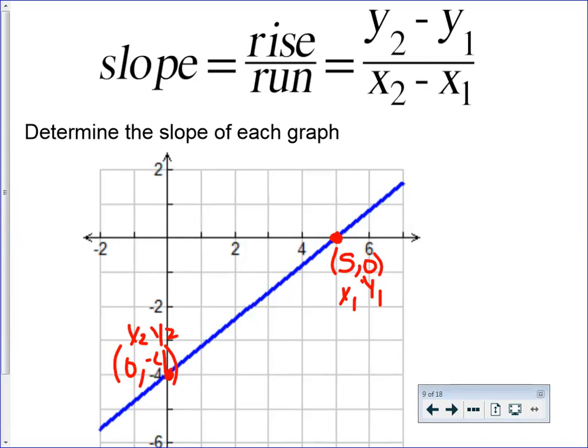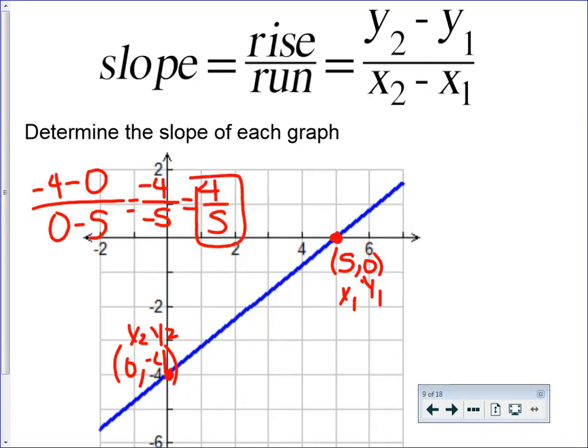So my y2 is -4 minus my y1, which is 0, over x2, which is 0, minus my x1, which is 5. And then I'm just going to subtract. -4 minus 0 is -4. 0 minus 5 is -5. 2 negatives divided make a positive, so this becomes 4/5.